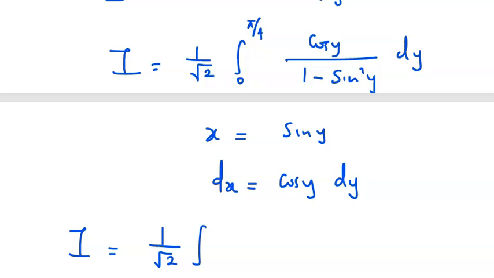Now, when y is approaching 0, x is approaching the sine of 0, which is 0. When y is approaching pi by 4, x is approaching the sine of pi by 4, which is root 2 over 2. And here we have 1 all over 1 minus x squared, and we have our dx.